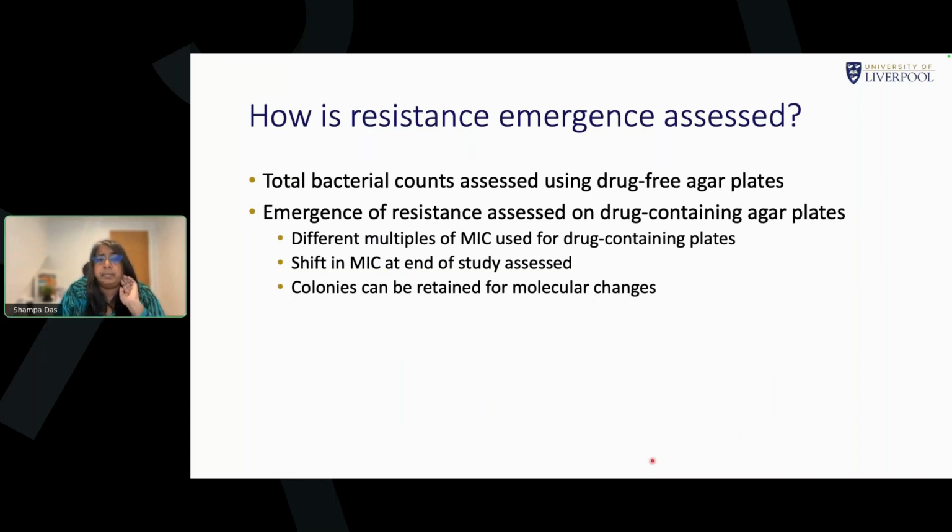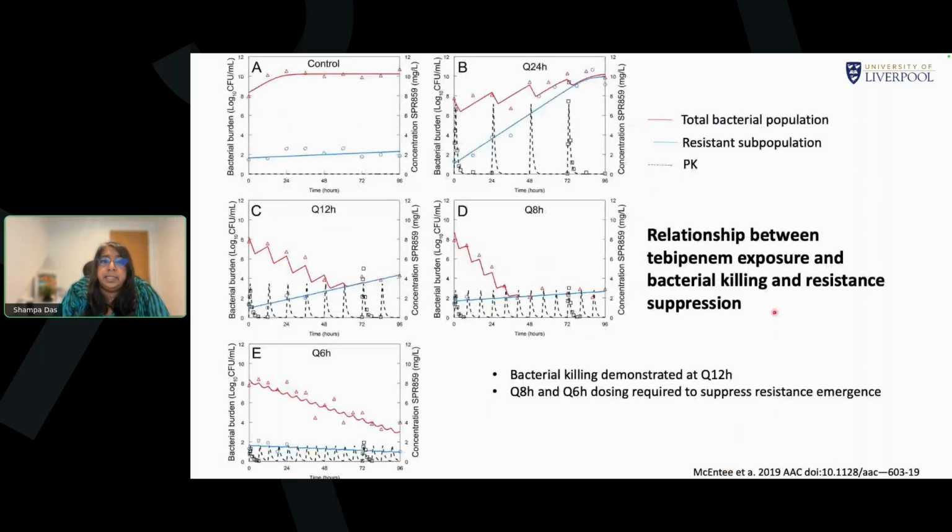So an example of this in use is here with this example of tebipenem, where we looked at the relationship between tebipenem exposure and both bacterial killing and resistant suppression. So in the red here, you have the total bacterial population, and in the blue here, you have that resistant subpopulation. So it's the same data, but here this is grown on drug-containing plates, and the hashed lines show the pharmacokinetics.